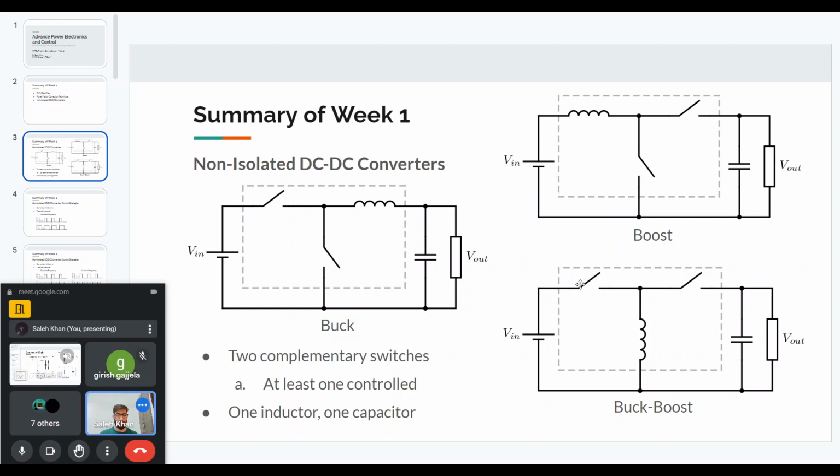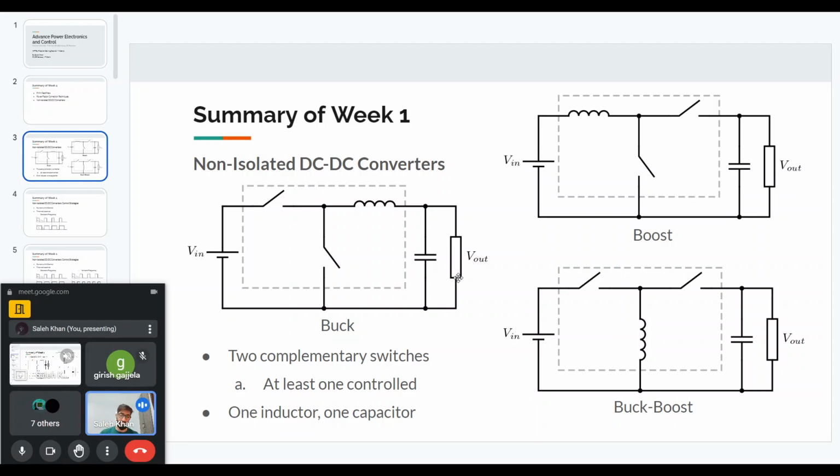So that is about the switches. Another thing you can see in all three converters is that they have one inductor and one capacitor. Even though the capacitor is not really necessary, some choppers in these structures will not have the capacitor.